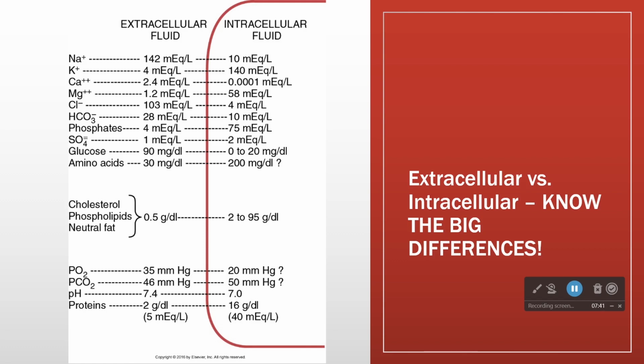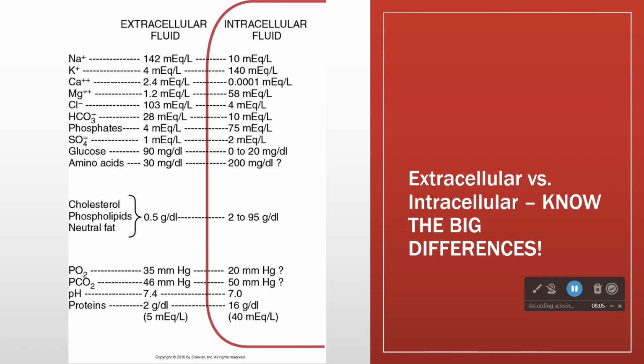Amino acids, flip side. There's much more amino acids inside of cells than outside. And that's because it's inside of cells that amino acids play their biggest role, right? Amino acids become proteins. Where are proteins built? Inside of cells. Okay, so that means that you have to have a higher concentration inside than outside.